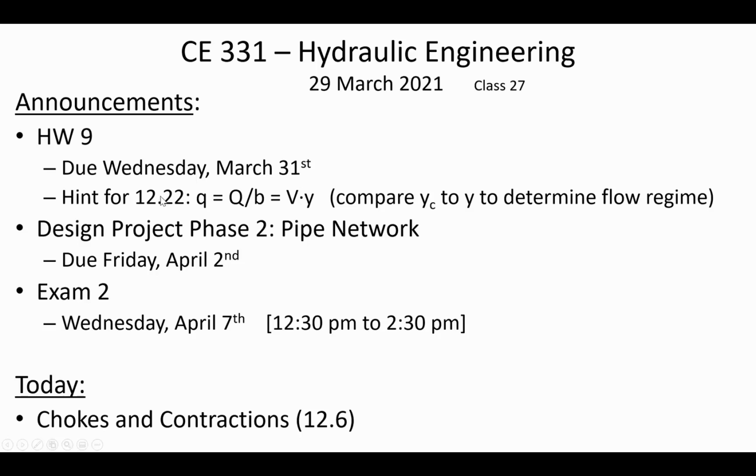So in that problem, 1222, you are given the flow depth, and you're given the velocity of the flow. So you can use that to find flow per unit width.